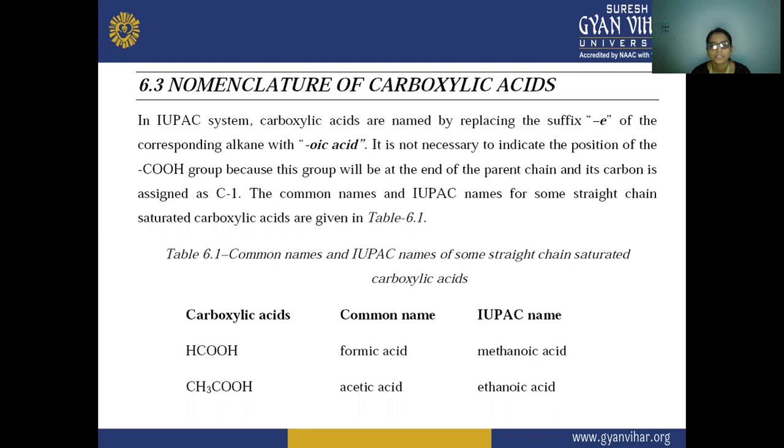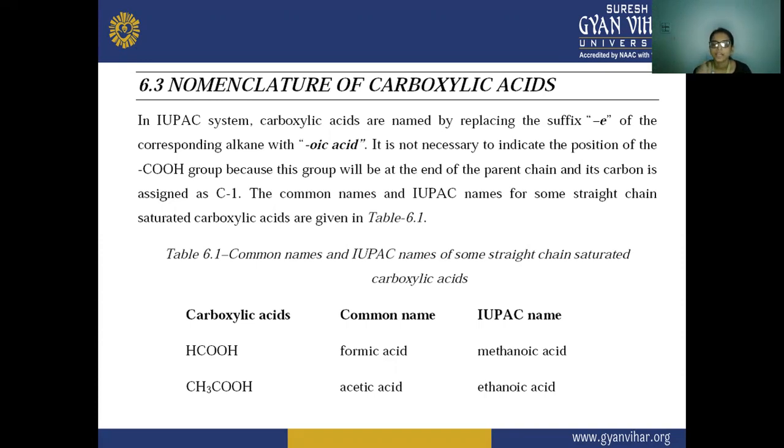It is not necessary to indicate the position of the COOH group because this group will be at the end of the parent chain and its carbon is assigned as carbon 1. So its carbon will be assigned as carbon 1 if it is present in the parent chain, and it will always be at the end of the parent chain.